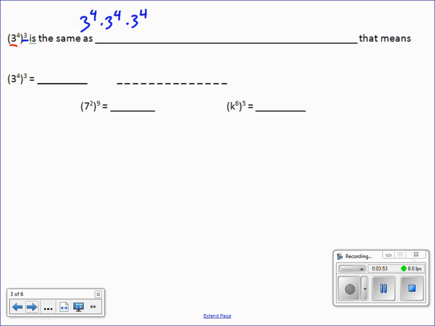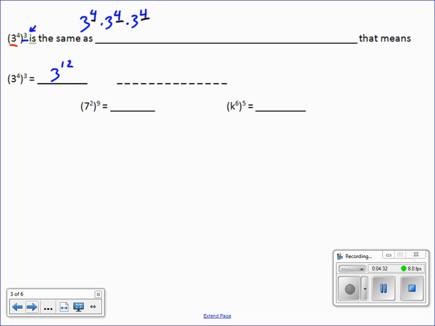Adding 4 plus 4 plus 4 is the same as multiplying, right? So when I have a number with an exponent raised to a power, I'm going to multiply the two exponents together. 3 to the 4th cubed is the same as 3 to the 12th.